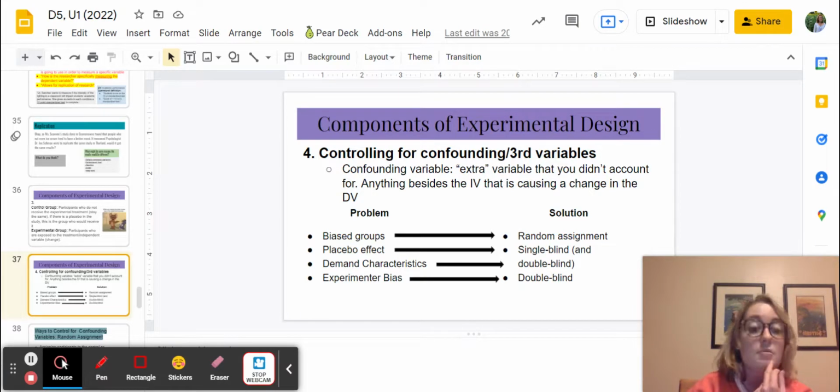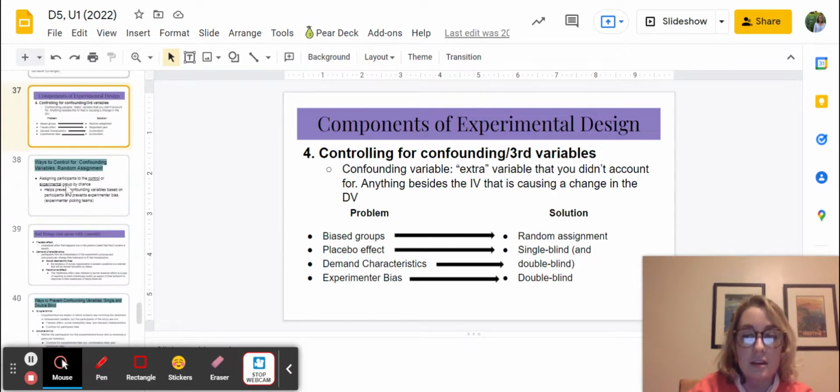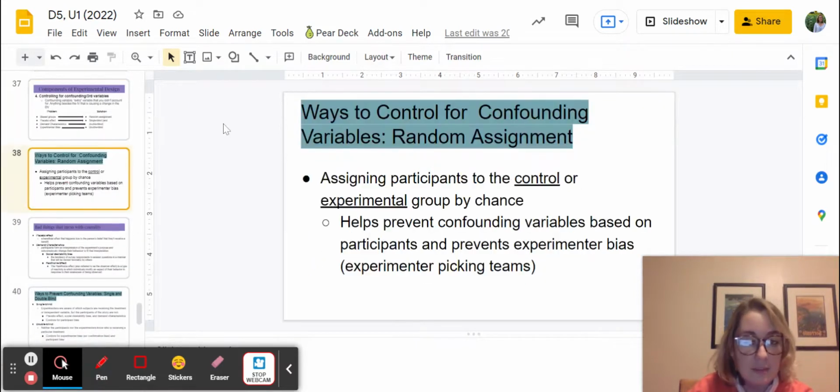So you act differently than you would in normal circumstances. And then experimenter bias could be that the experimenter is unintentionally pushing people to act a certain way so that it proves their hypothesis. They might be doing this unintentionally. So using a single and double blind study can help you with these things.